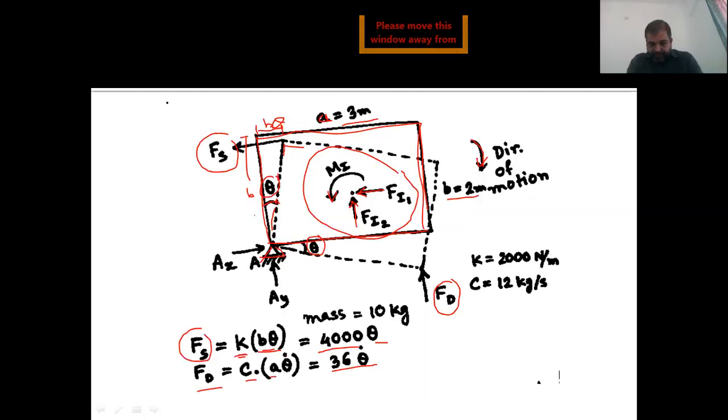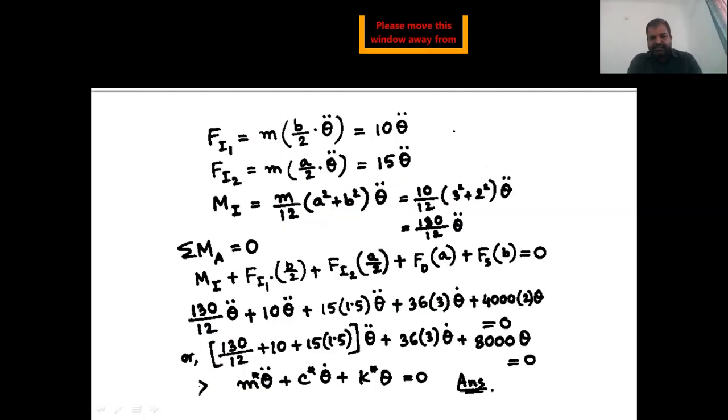So Fi1 is m into the displacement at this distance. So I need to consider this displacement, which is b by 2 into theta. You can see this, b by 2 into theta. Since as per definition it should be acceleration, I am putting theta double dot. So if you put m into b by 2, it is 10 into theta double dot. Similarly, I need to find out Fi2.